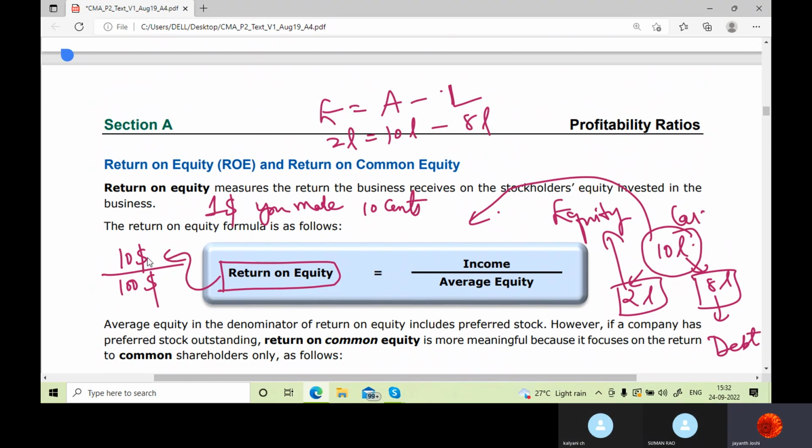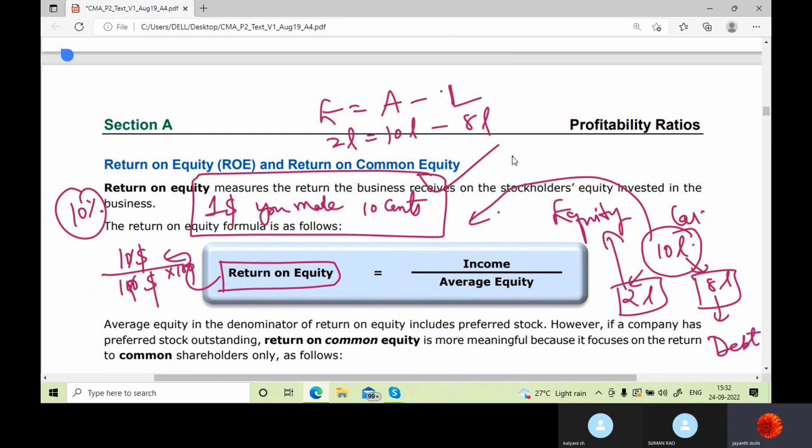That means if you divide 10 by 100 and multiply by 100, you get 10. That means 10% is your profit. $100's 10% is $10. $1's 10% is 10 cents. So on an investment of $1, you make 10 cents, correct?